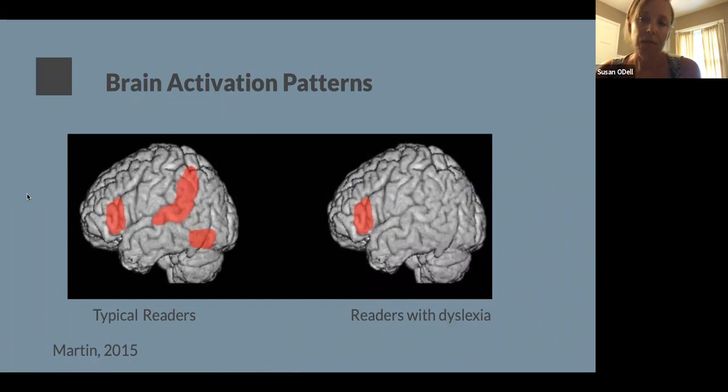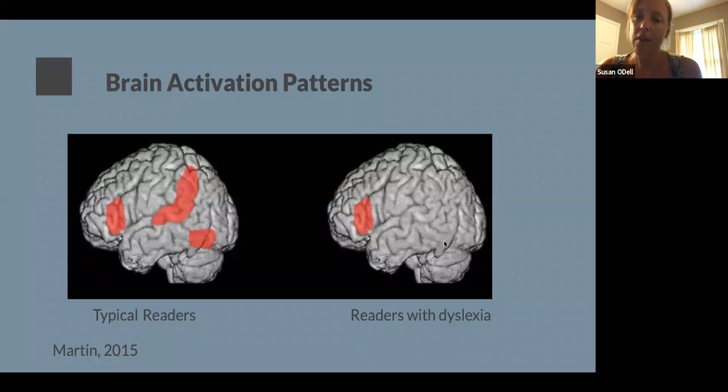This is an image of typical readers compared to readers with dyslexia. Like I said before, readers with dyslexia are activating the phonological area of their brain in the frontal lobe. But we see that they have an underactivation of the angular gyrus, responsible for sound symbol correspondence.